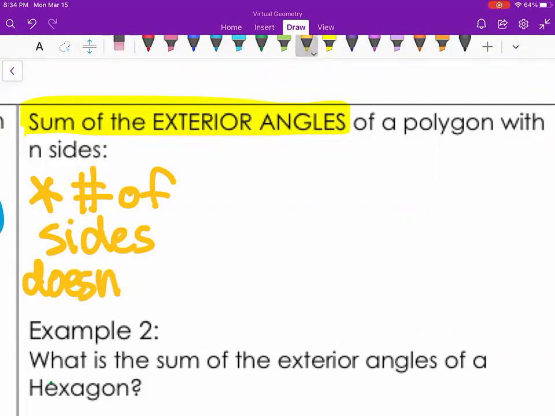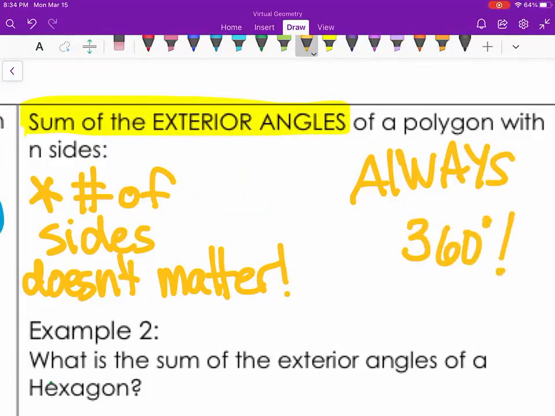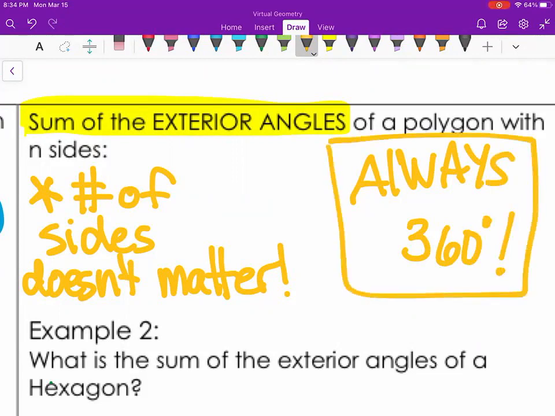So the number of sides doesn't matter because it is always 360 degrees. No matter if it's a triangle, a square, a hexagon like what we just saw, or a figure with 20 sides. If we're looking at the sum of the exterior, no matter the size, it is always 360.